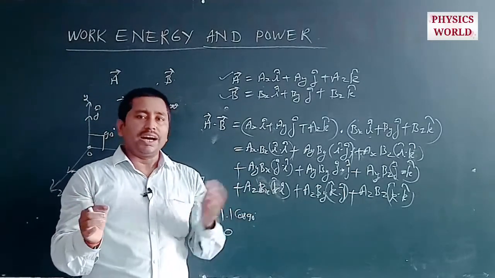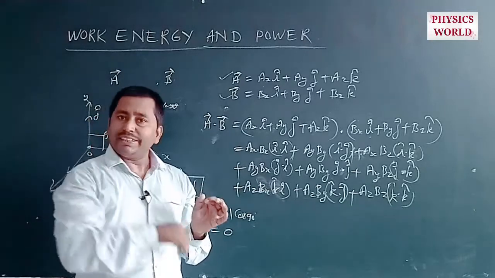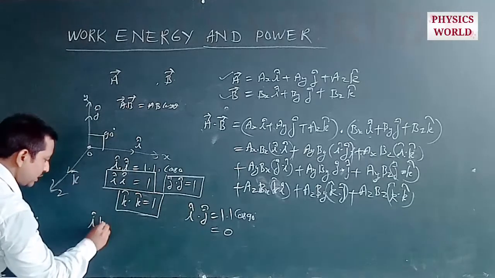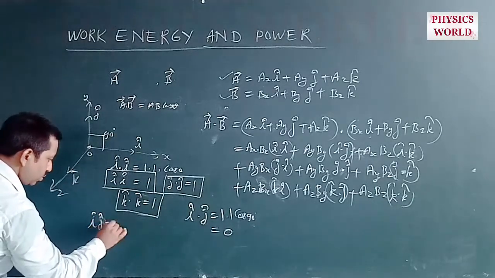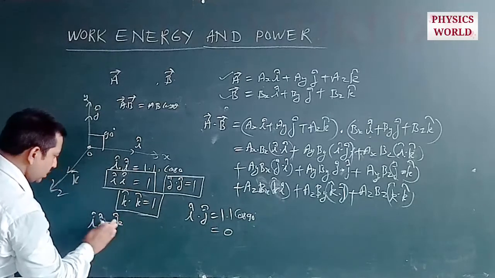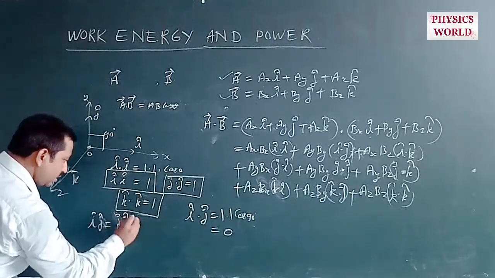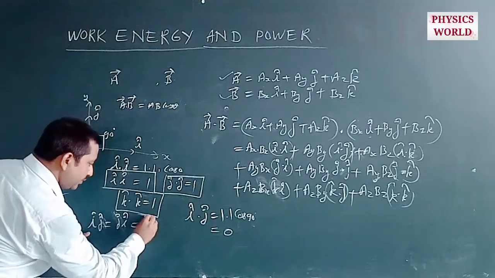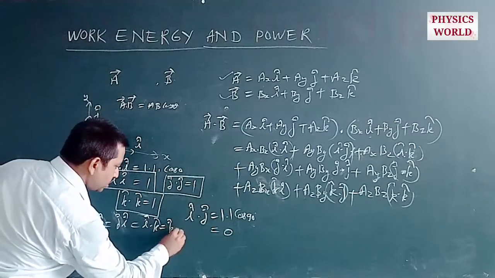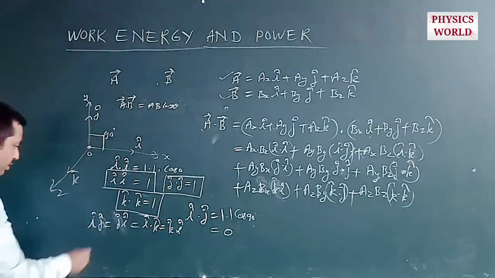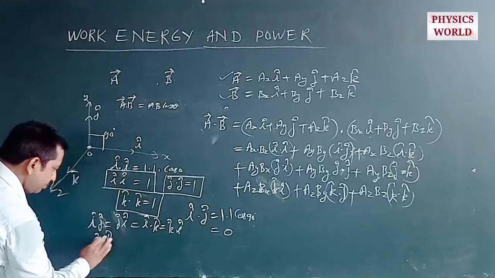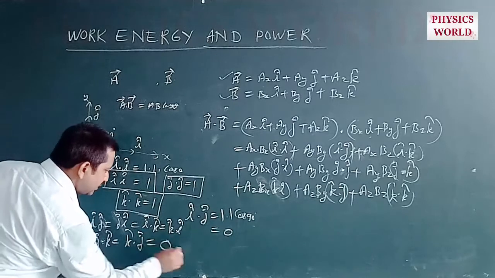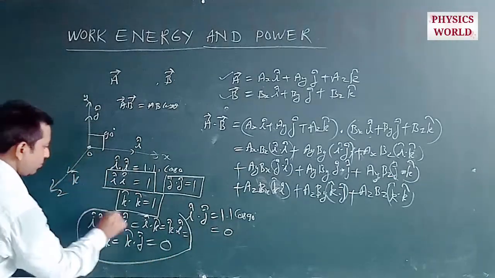The angle between them is always 90, so cos 90 becomes 0. So i dot j equals j dot i equals i dot k equals k dot i, and also j dot k equals k dot j. All these are equal to 0.